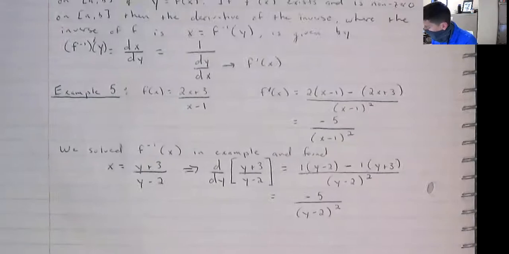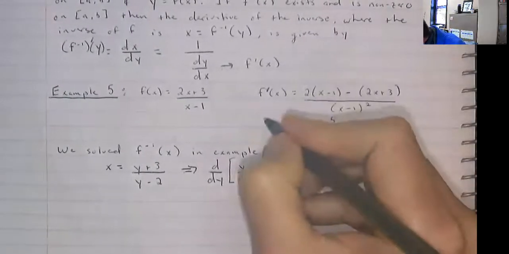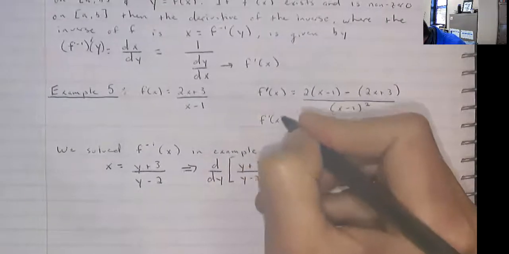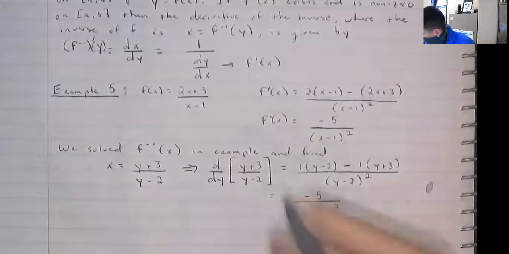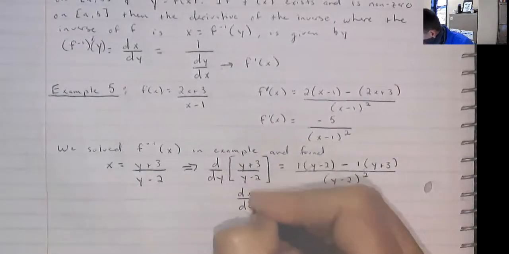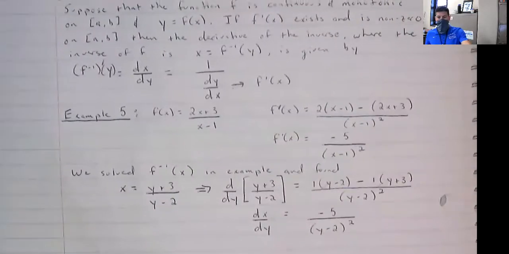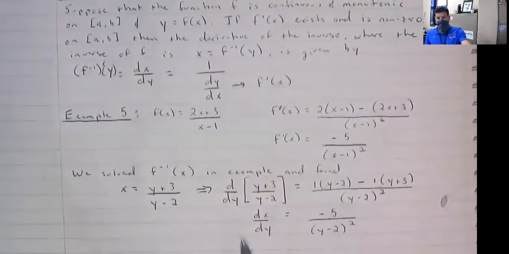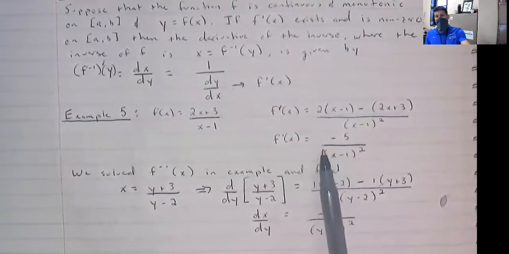Where are we at? We've got this expression up here, f prime of x, and we've got this guy down here, which is the derivative of x with respect to y. We're being told in theorem 5.1.7 that this guy is the reciprocal of this guy.